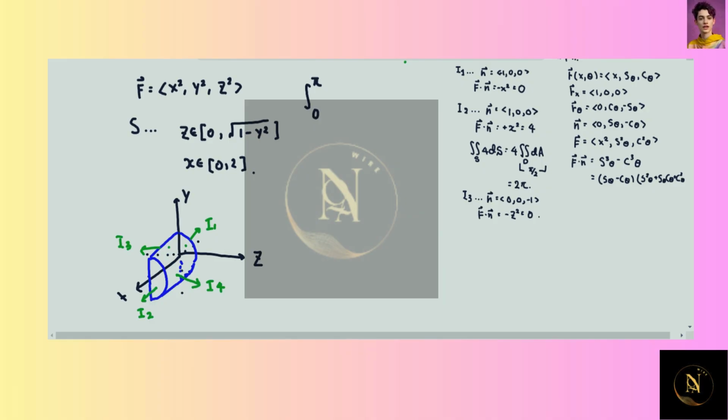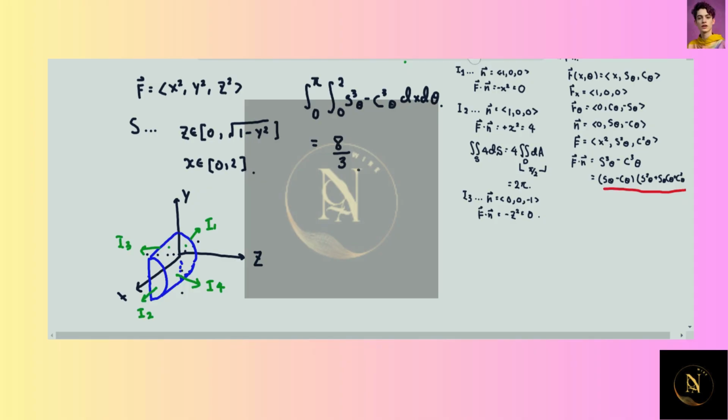The value of x is from 0 to 2. And then we have sine cubed minus cosine cubed, dx d theta. Okay, as I mentioned, if you use u substitution after simplifying this a little bit, you should be able to get 8/3. I'll let you do the calculation on your own.